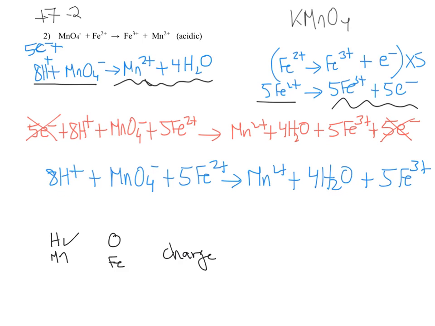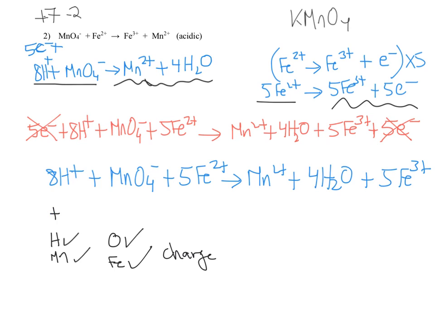So that one checks. Manganese, we have 1 and 1, so that one checks. Oxygens, we have 4 and 4, so that one checks. The iron, we have 5 and 5. That one checks.